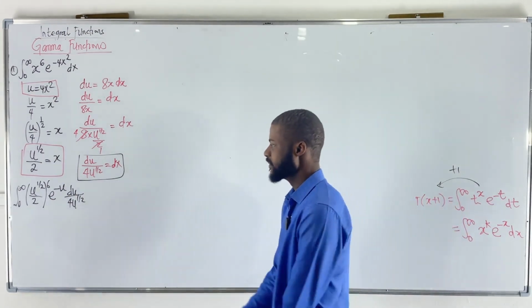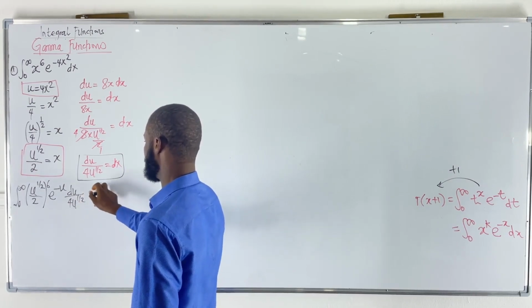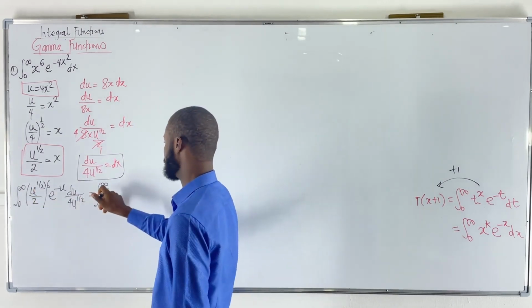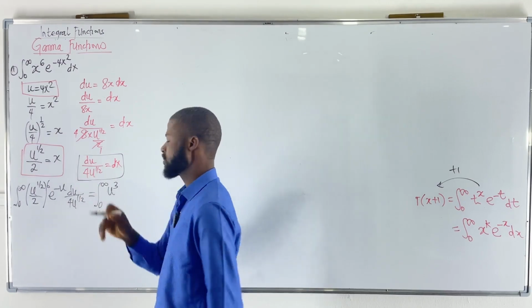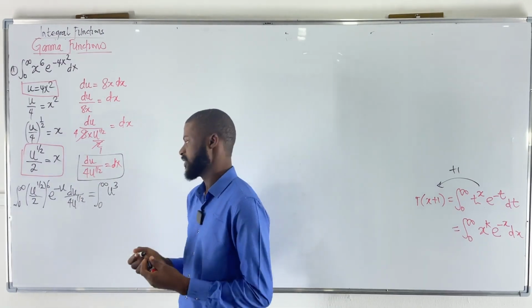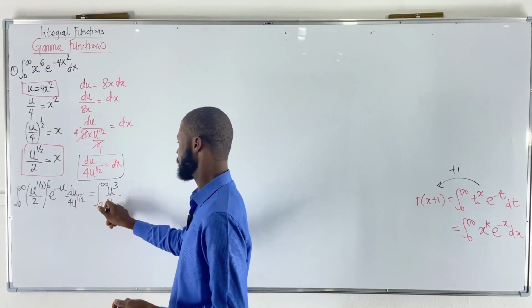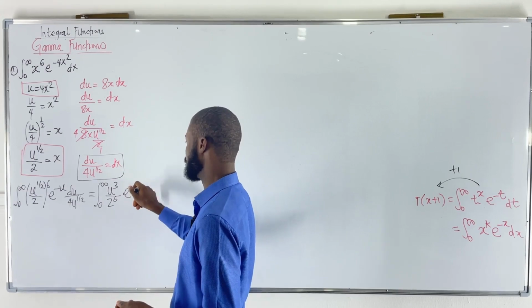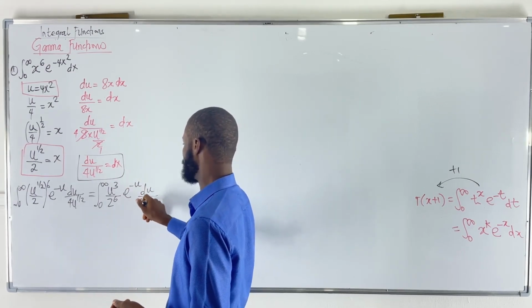So this will equal the integral from 0 to infinity of, let's expand this, u. Now, half times 6 is just 3. So that's u cubed. And then we have 2 to the power of 6, and this is e to negative u du divided by 4u to the power of half.